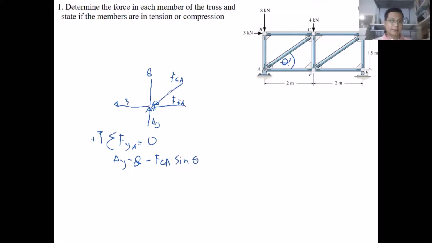Then this one is theta. Finish it. Only that. Then equal to 0. So now we can find FCA, based on our calculation, is 1.46 kilonewton.